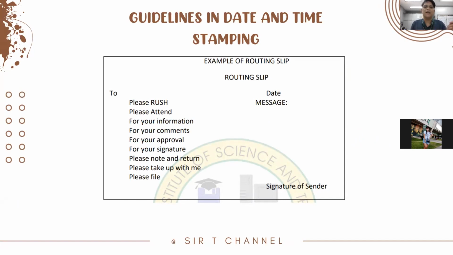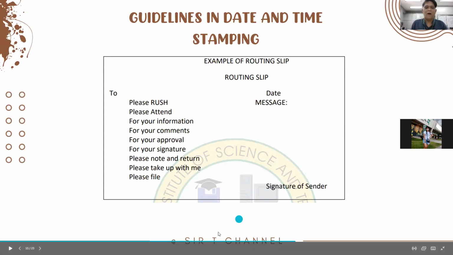You have the routing slip, the title of that slip, and then addressing to the person concerned with the mail, the date and the message, whether it's urgent, important, or came from another company, and then the signature of the sender, which is yung signature na pinipirmahan ng ating mga postman, yung ating mga nagdi-deliver.